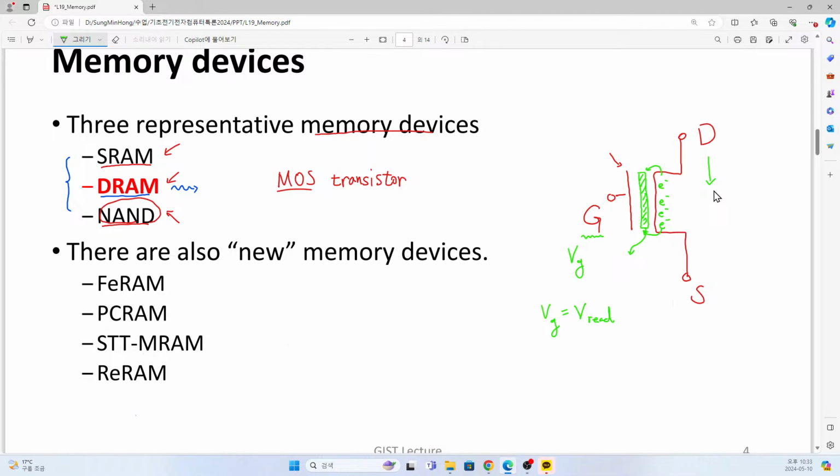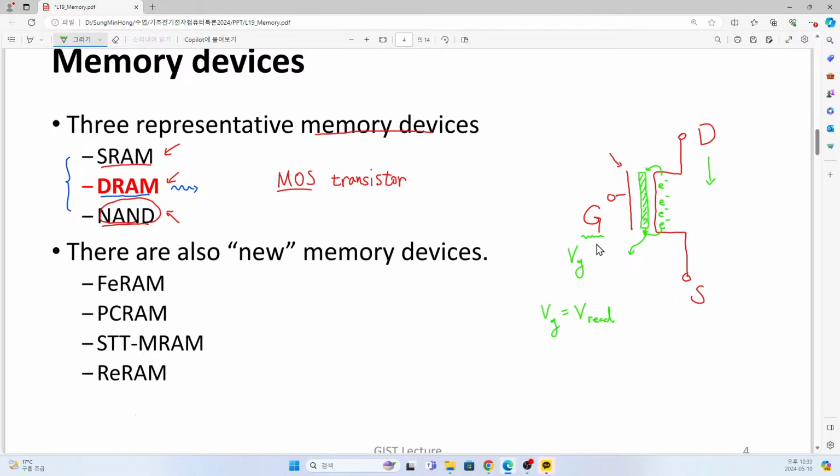So we now understand, oh, some electrons are stored in the storage node. So we have to say that this is another, different logic state.